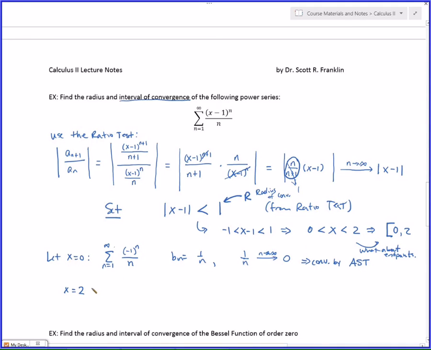What about at x equals 2? You plug in 2 here, 2 minus 1 over n is just 1, right? 1 to the nth, which is just 1. Now, what does this series do?